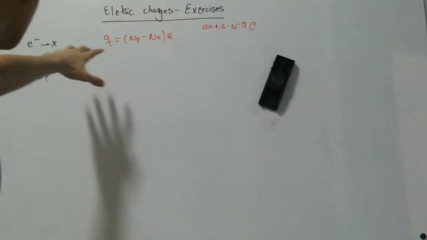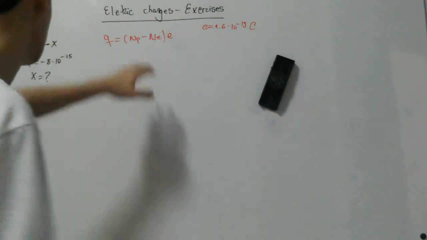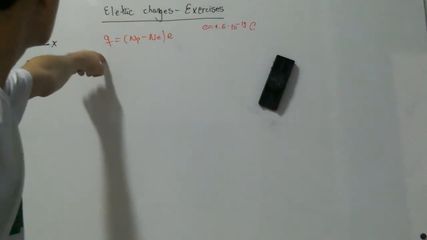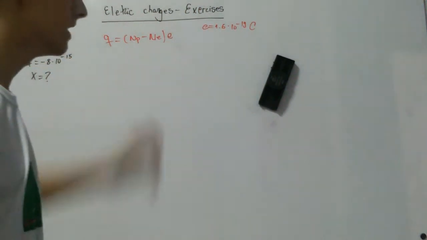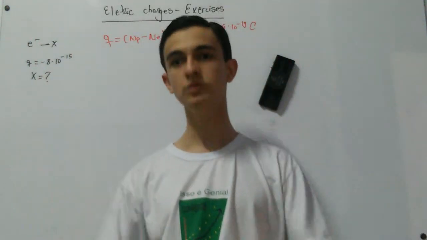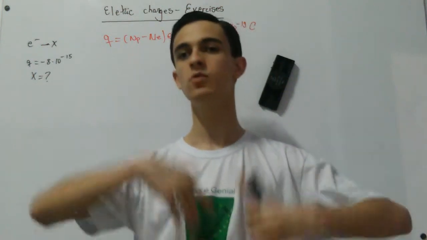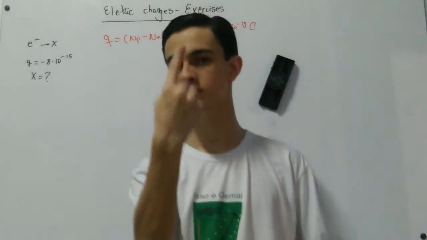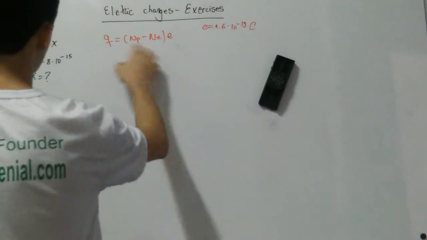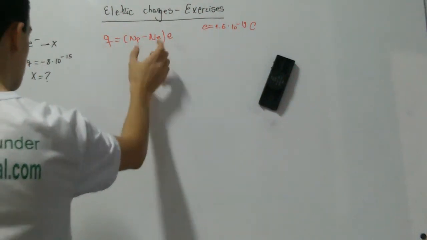So the total amount of charge is always going to be an integer multiple of E. For example, if you have one proton and two electrons, the total amount of charge is the charge of one electron, because one electron neutralizes one proton, and what is left is one electron. So Q is going to be an integer multiple of E.